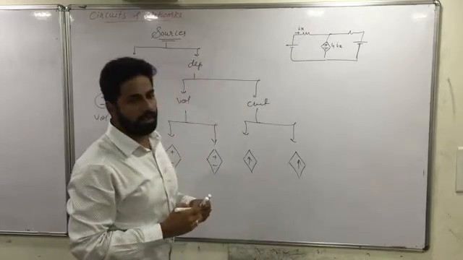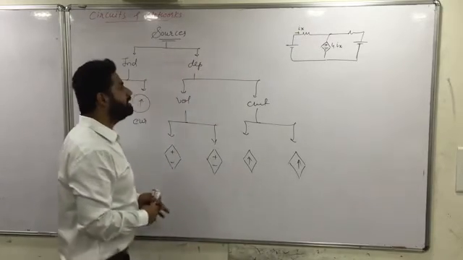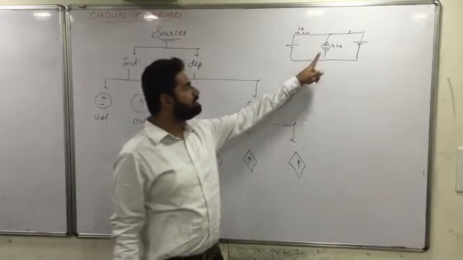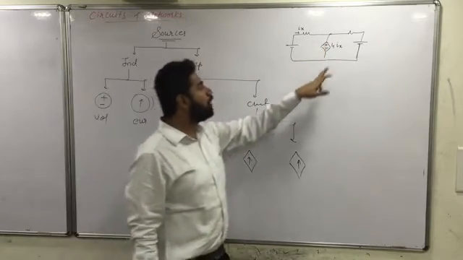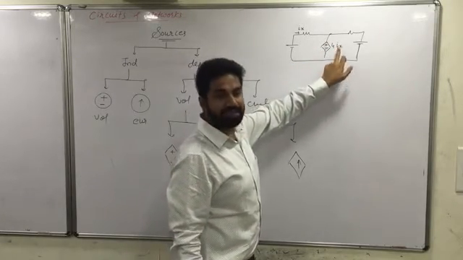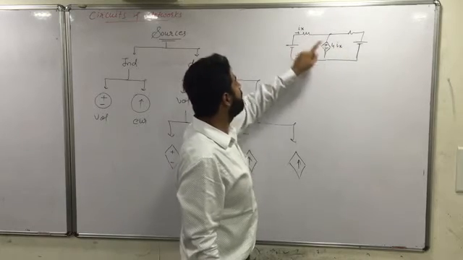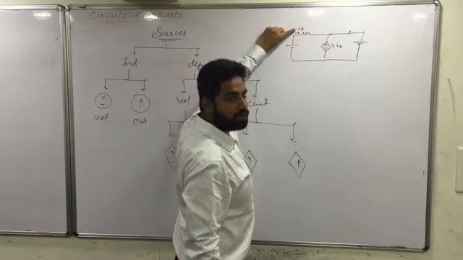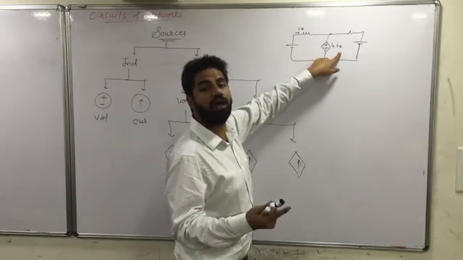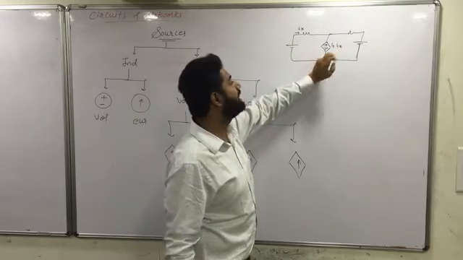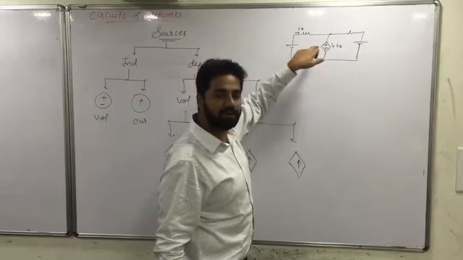In this network, this is a voltage source. It depends on another current, and that current is given in the network somewhere, which is here. So this is a source which depends on current, but itself it is a voltage source. So we can call it a current dependent voltage source.